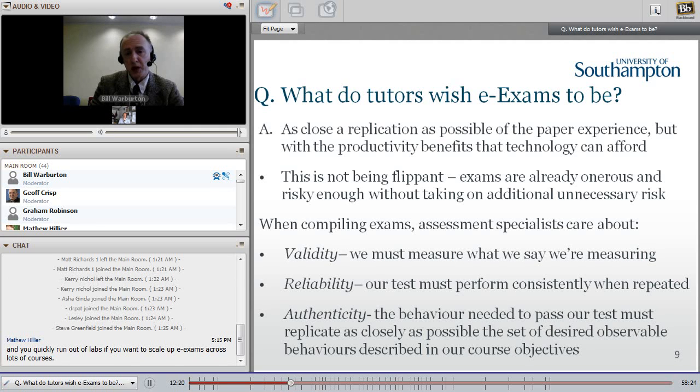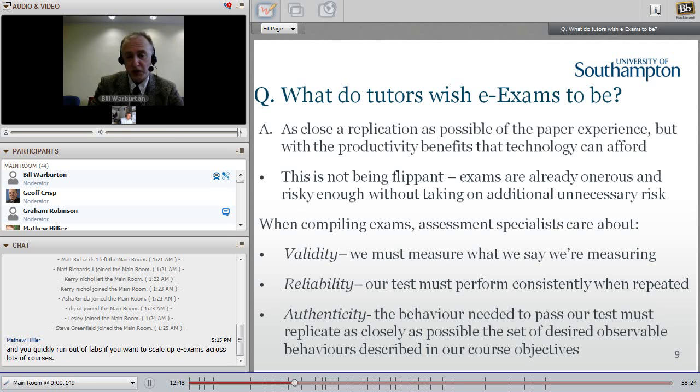So when compiling exams, people who specialise in assessments care particularly about validity, that the exams measure what we say we're measuring; reliability, that the test should perform consistently when repeated with a different bunch of students on the same kind of course; and authenticity, that the behaviour needed to pass the test must replicate as closely as possible whichever desired behaviours we describe in our course objectives.